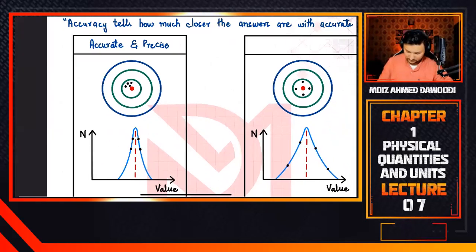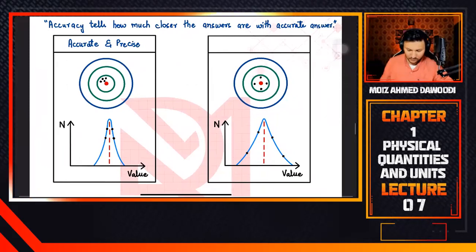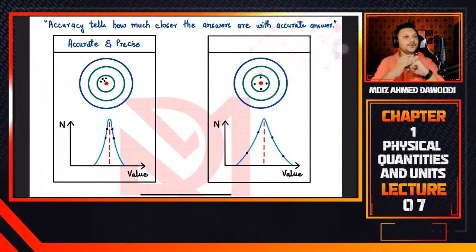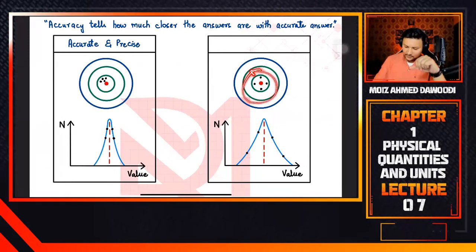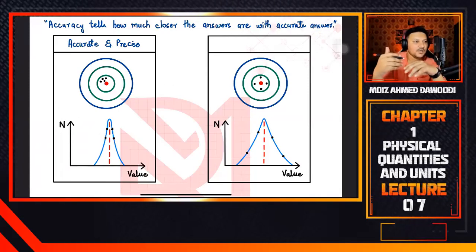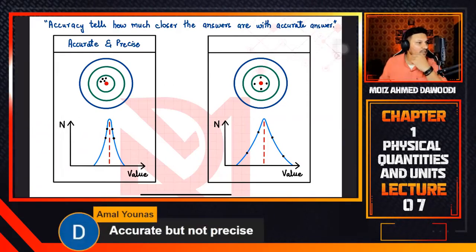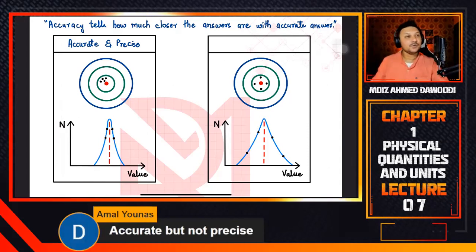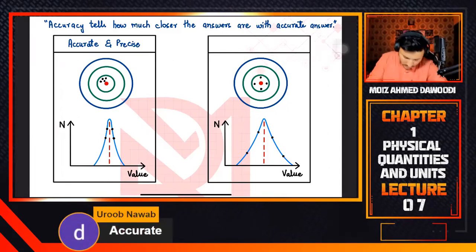Now, what about this one? What do you think? ये सेट ऑफ डेटा क्या है? Is it accurate or inaccurate, precise or imprecise? Accurate but not precise. Yes, Amal said the same. Accurate but not precise. The answers are not closer with each other, but they are close with the accurate answer. Yes, Urub. ठीक है.